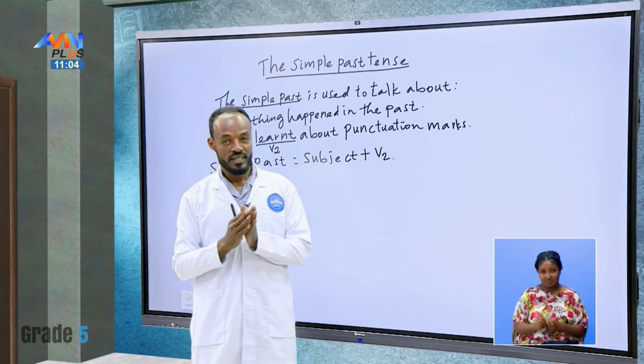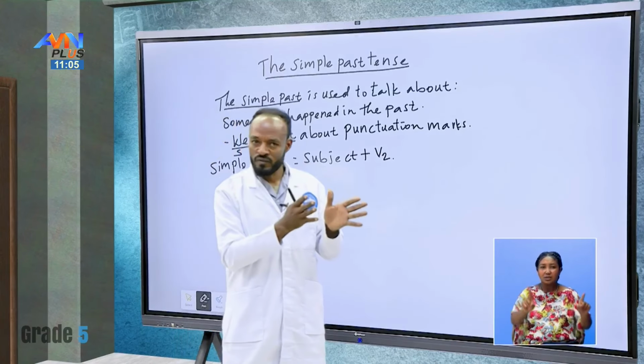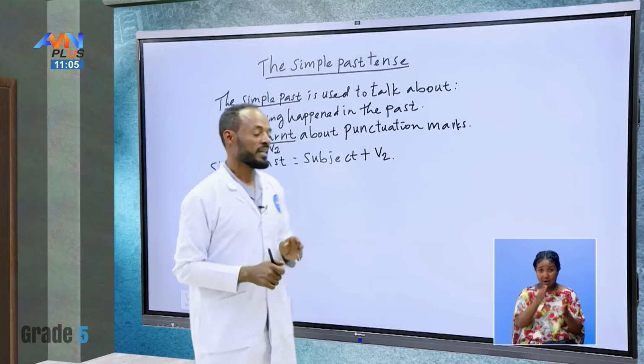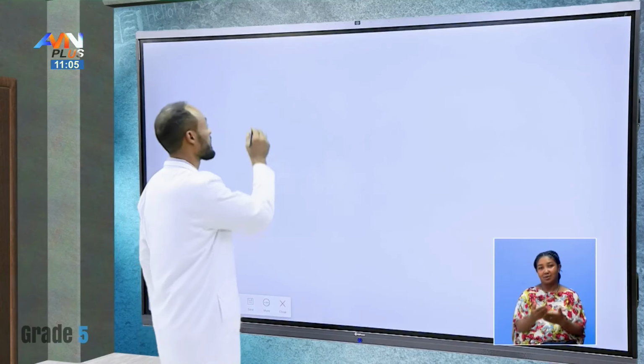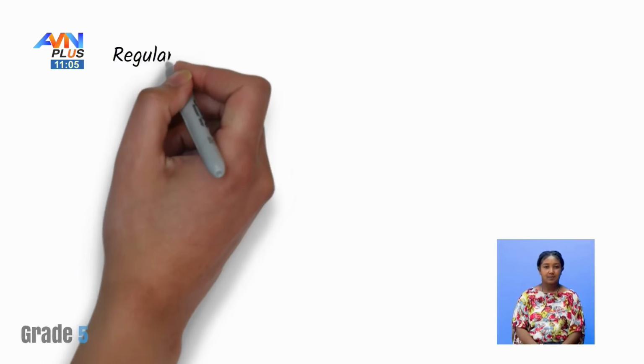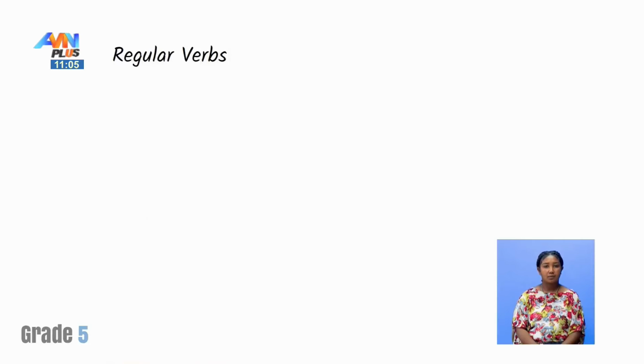Is it clear? Good, because it's better if you want to differentiate what is a regular verb and also what is an irregular verb. Are you ready? Good. Come on. Here are regular verbs and irregular verbs.